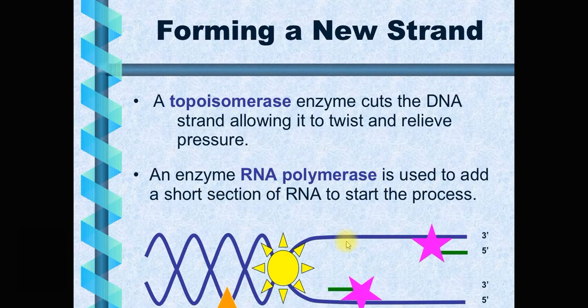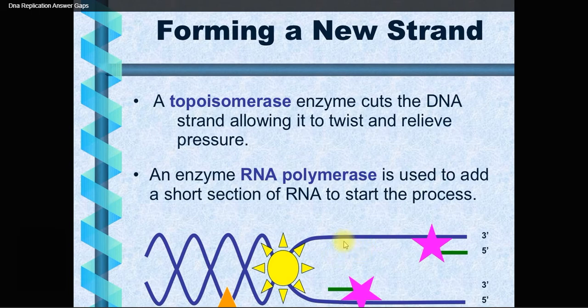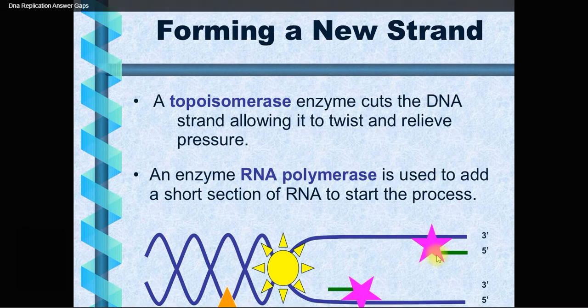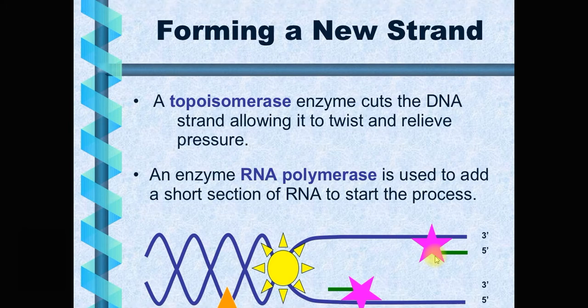And what happens? A chain cannot be synthesized de novo, and primase enzyme, on the other hand, can add ribonucleotides. Later, after elongation is complete, the primer is removed and replaced with DNA nucleotides.